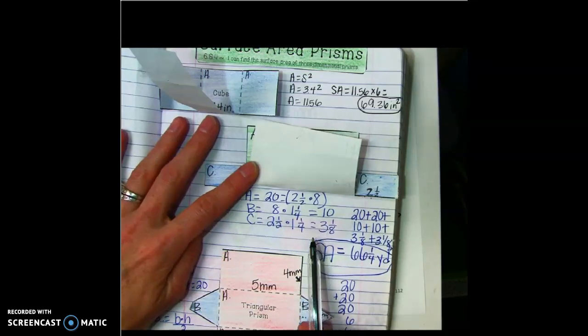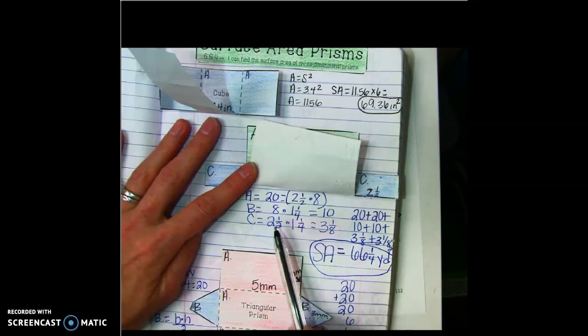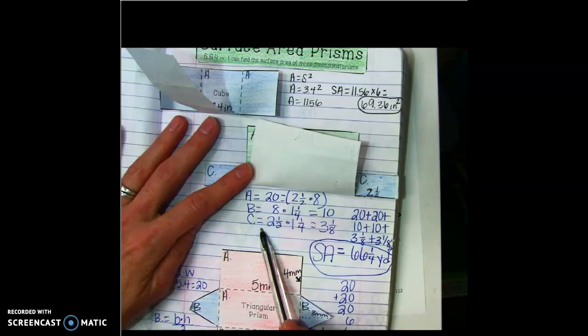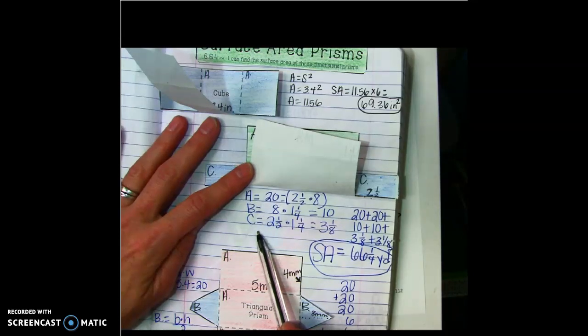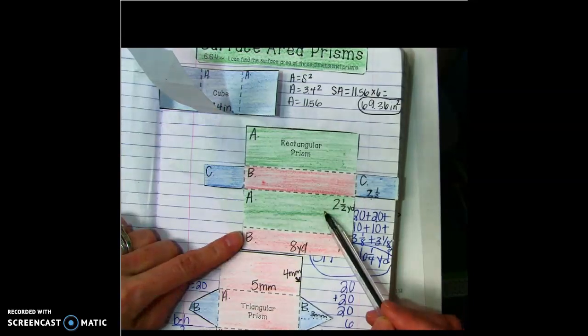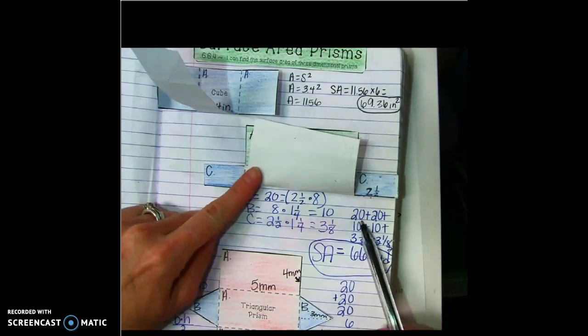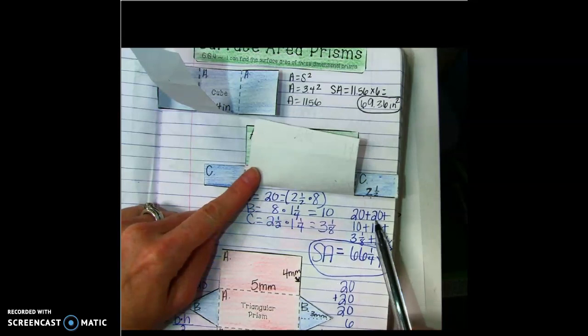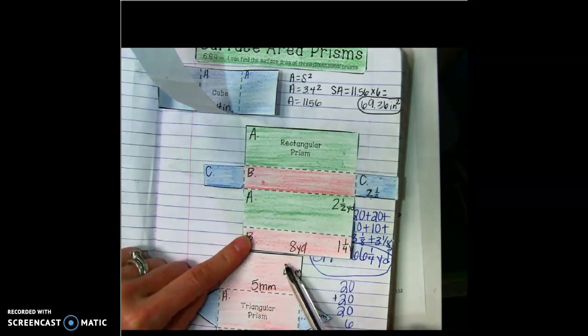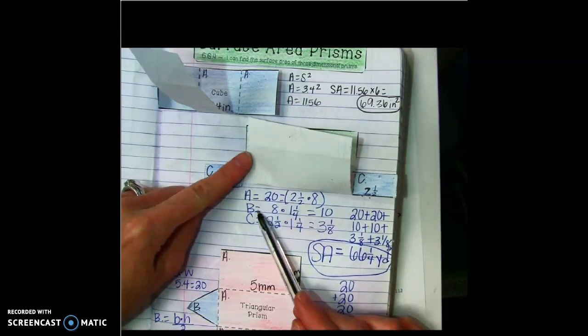Okay, so I'm going to take each area of each shape. I've got my area of A, my area of B, and my area of C. And I'm going to add them all together. So A, I have 2 A's, 20 plus 20. So that's where right here I went and I said 20 plus 20 plus B, I have 2 B's. My area for B is 10.